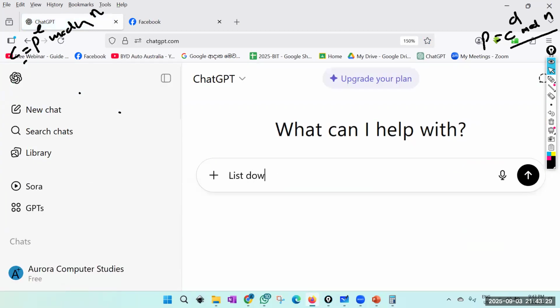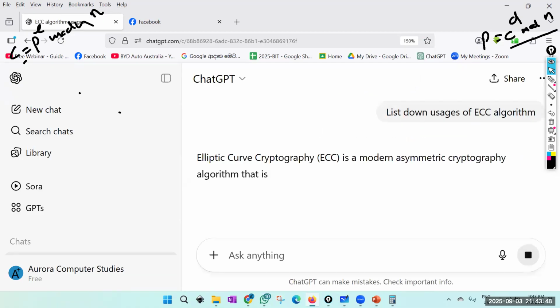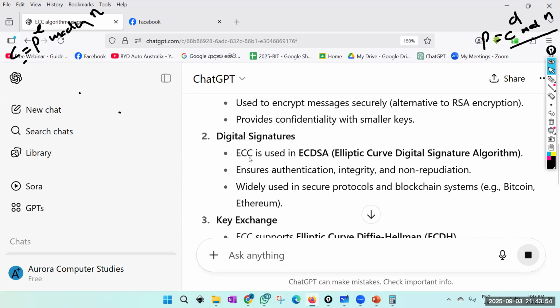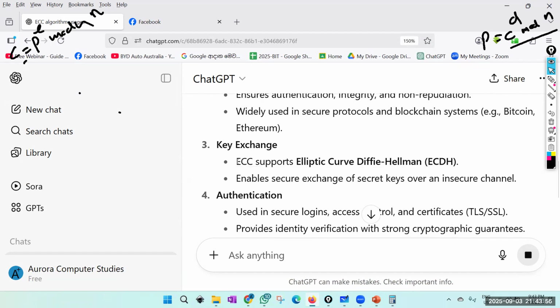List down usages of ECC algorithm. So usually you should ask open questions. Like public key encryption, digital signature, right? You can use it for key exchange also.